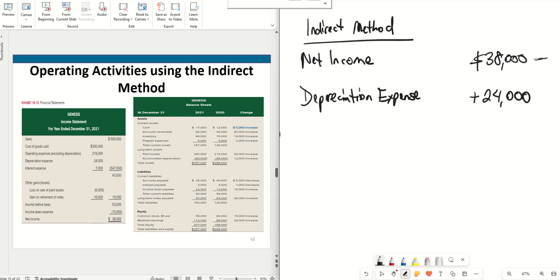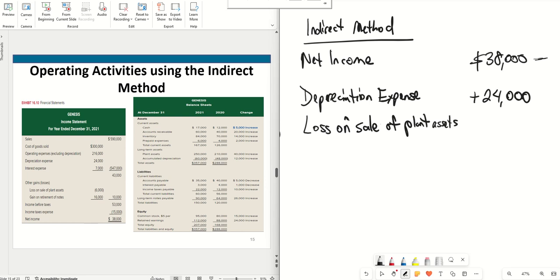So that's depreciation expense. The next two items are going to be under other gains and losses, which are your loss on sale of plant assets. Loss on sale of plant assets, and that came out to be $6,000. So that's a loss.